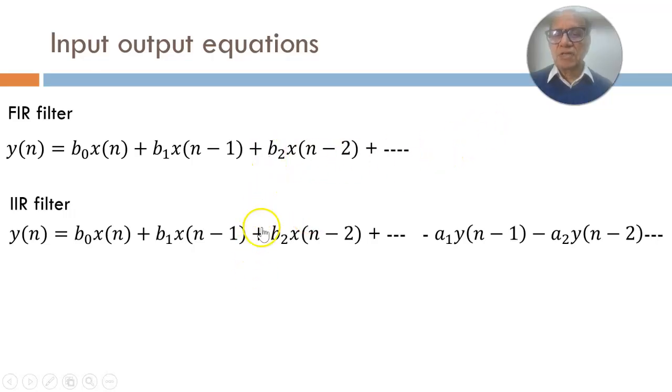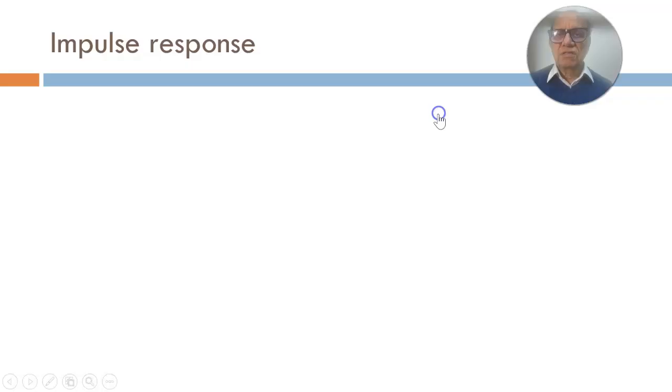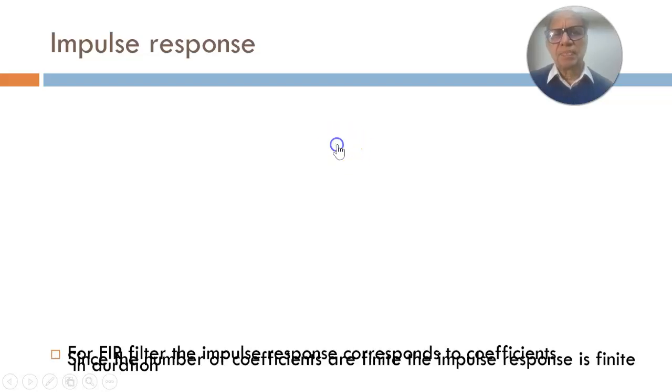Because these two equations are different, a couple of properties of these filters are different, and we will study them. The first thing we study is the impulse response. We have already studied that for an FIR filter, the impulse response corresponds to the sequence of the coefficients themselves. So the impulse response would be b0, b1, b2, etc. And that is how we design the FIR filter.